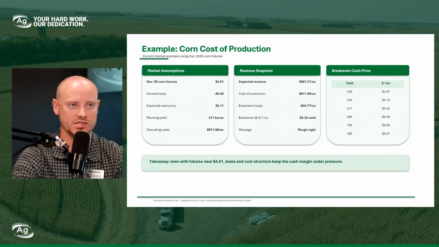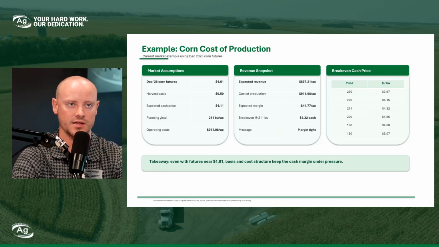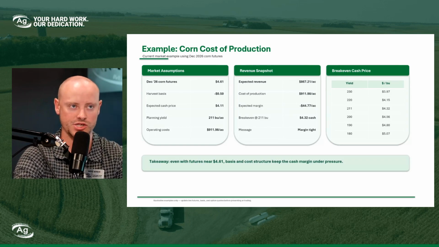That harvest basis would be around 50 under, which would be a normal harvest time basis in eastern South Dakota, kind of southwest Minnesota. Our expected cash price is $4.11 with that marketing opportunity. Planned yield would be 211, just like the Iowa State crop insurance cost of production sheet. My operating cost is $911 as well in that example.